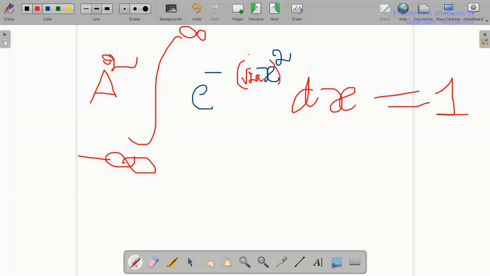For this we also have to divide by root 2a.